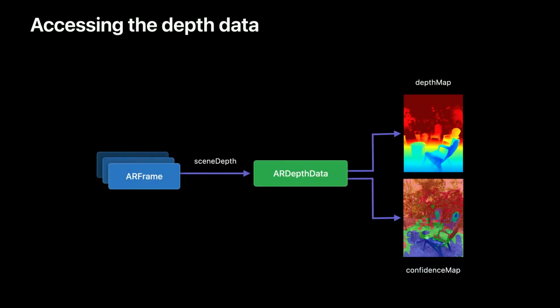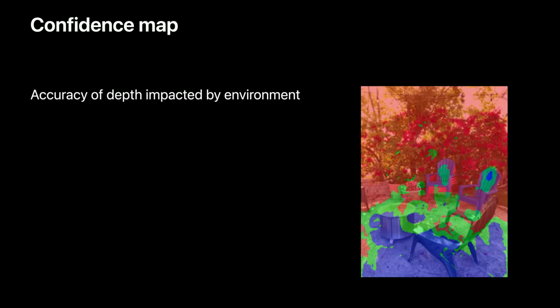The other buffer on the AR depth data object is the confidence map. Since the measurement of depth using LiDAR is based on the light which reflects from objects, the accuracy of the depth map can be impacted by the nature of the surrounding environment. Challenging surfaces, such as those which are highly reflective or those with high absorption, can lower the accuracy of the depth.